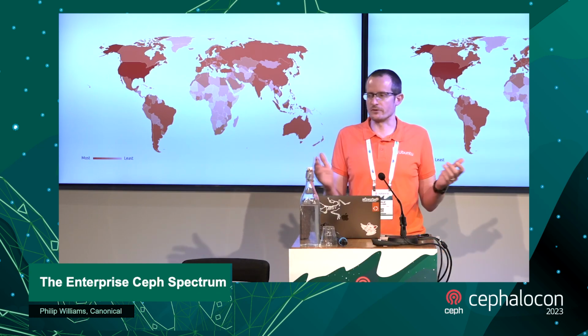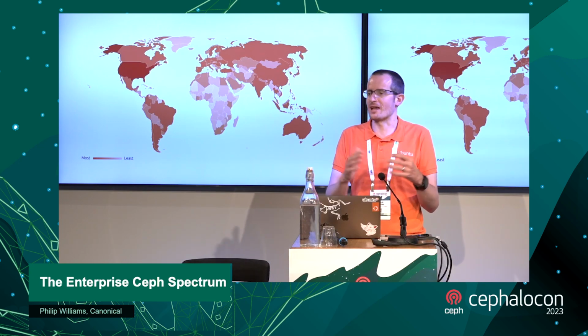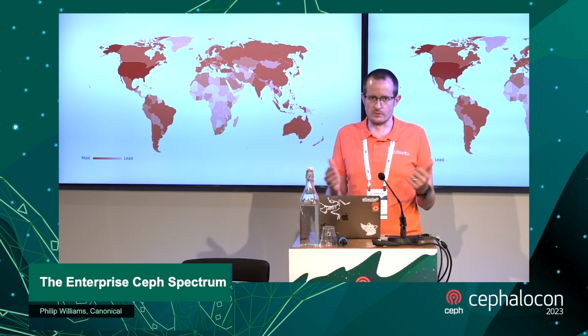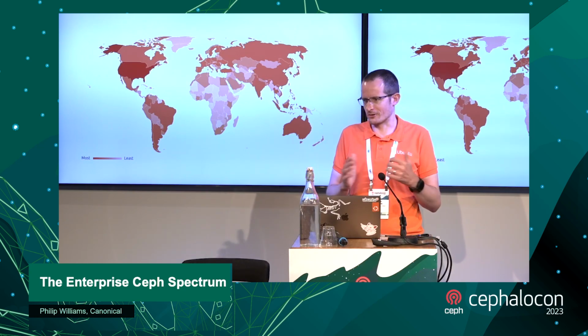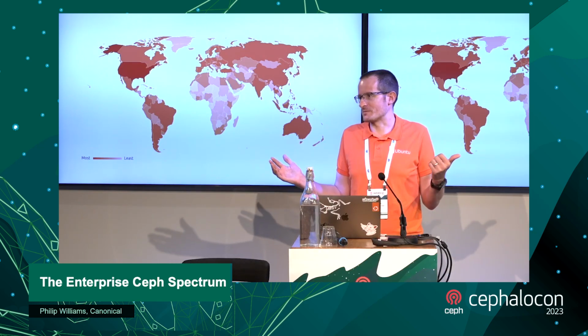Truly Ubuntu is everywhere. And what we're trying to do is combine our being everywhere with getting Ceph to also be everywhere. Ceph is used all over the world today, but let's see, across this whole spectrum, just how wide we can spread the use of Ceph from teeny tiny right through to full infrastructure.